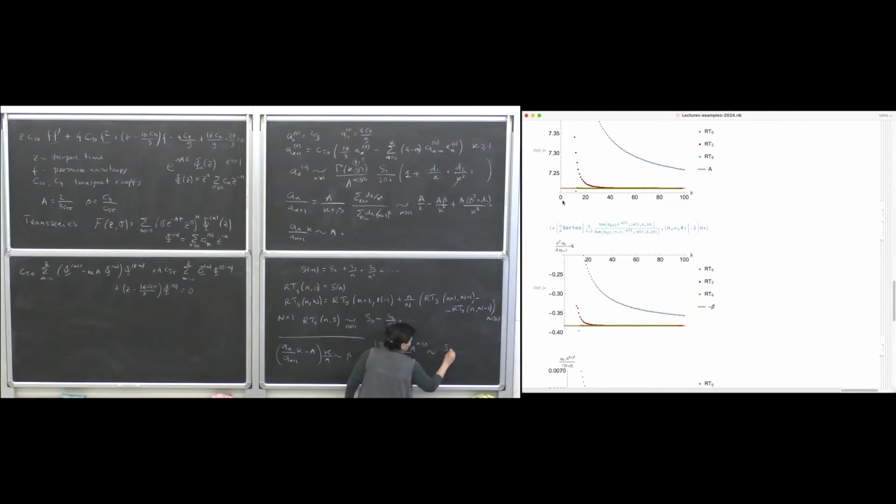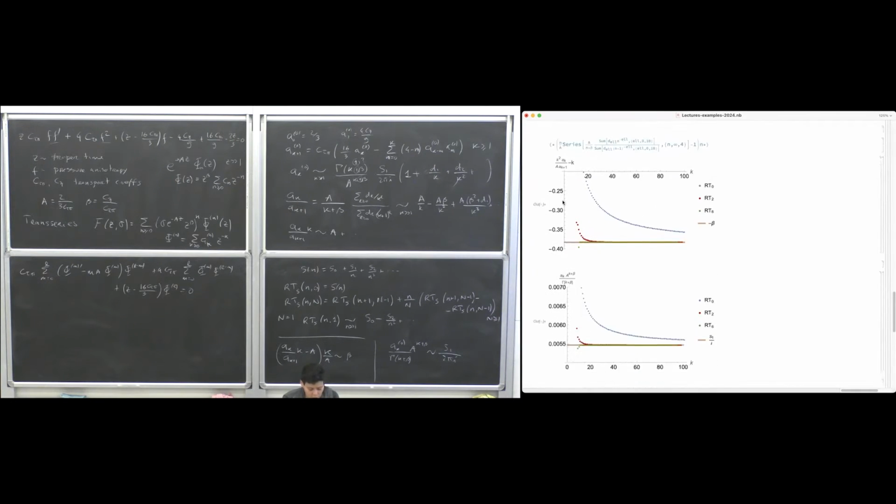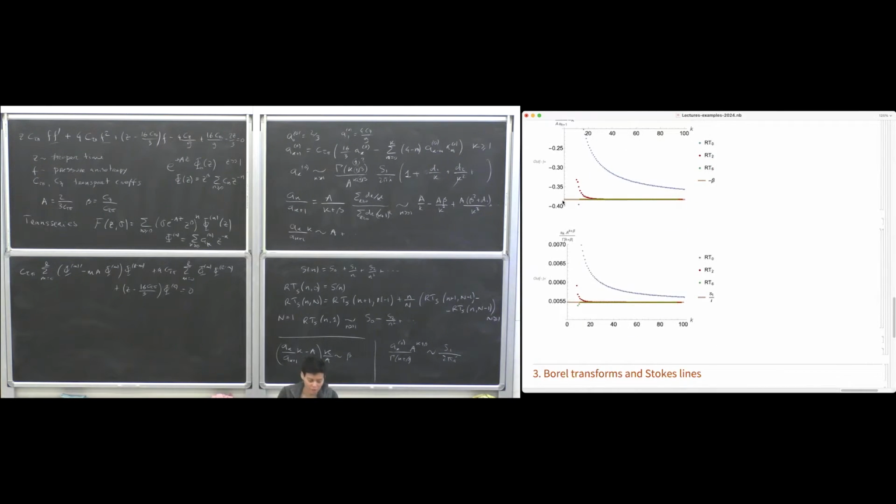And this is going to be your S1 over 2 pi i. And again, you can do Richardson extrapolation and find your result. And in this case, you get, I can't remember, S1 equals 4703i, something like that. It's a number. Doesn't matter, it's a number.